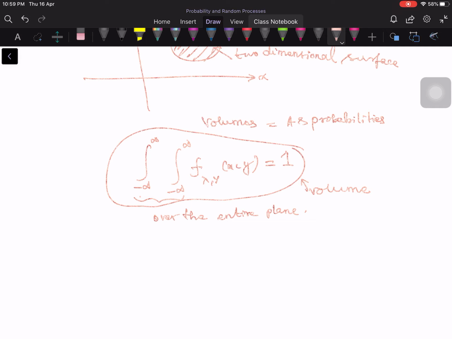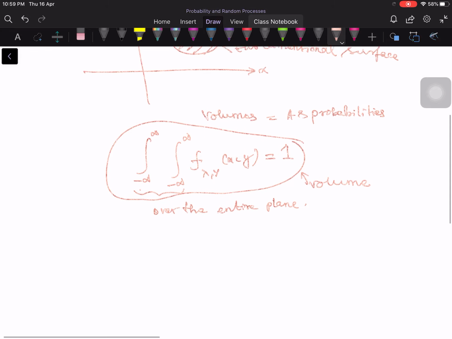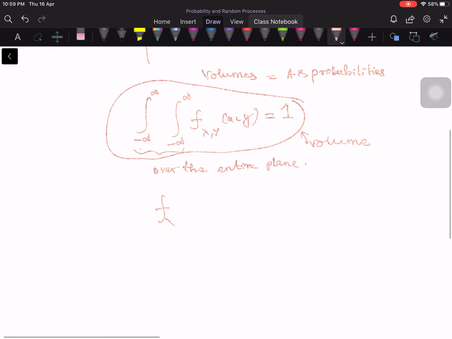Of course, since we are talking about probabilities, the joint density function f_X,Y should be a non-negative function.